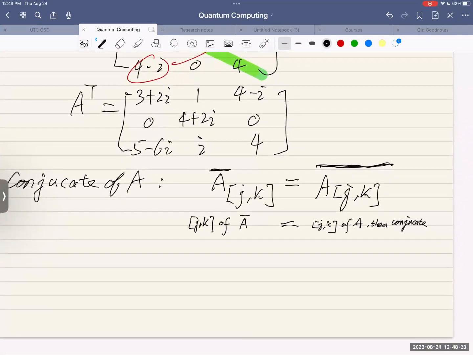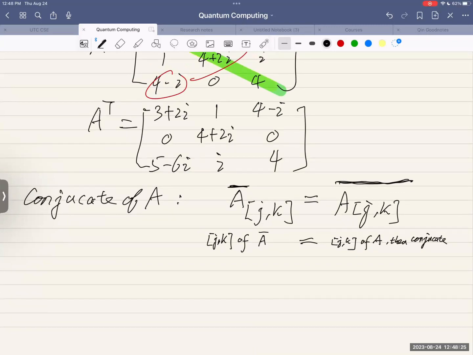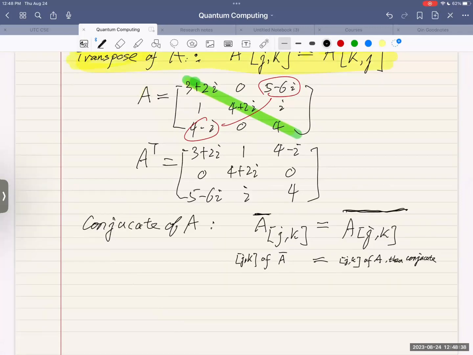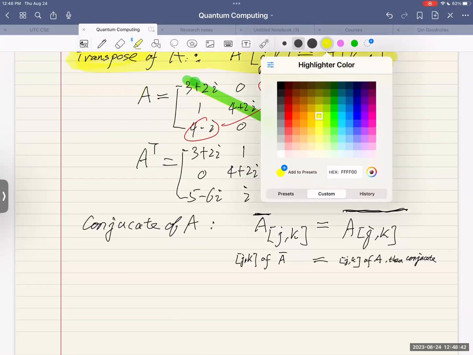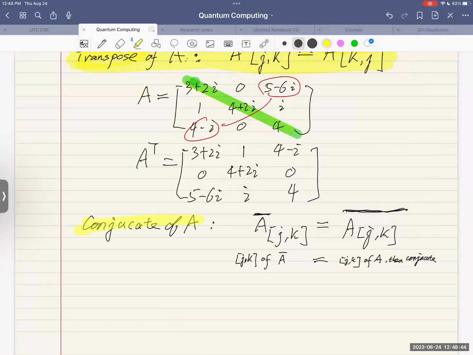If we really say that in English, it seems a bit confusing, but that mathematical symbol there is more clear. If you are used to that, you kind of follow the convention. So I'm going to highlight that. This is a very important definition.